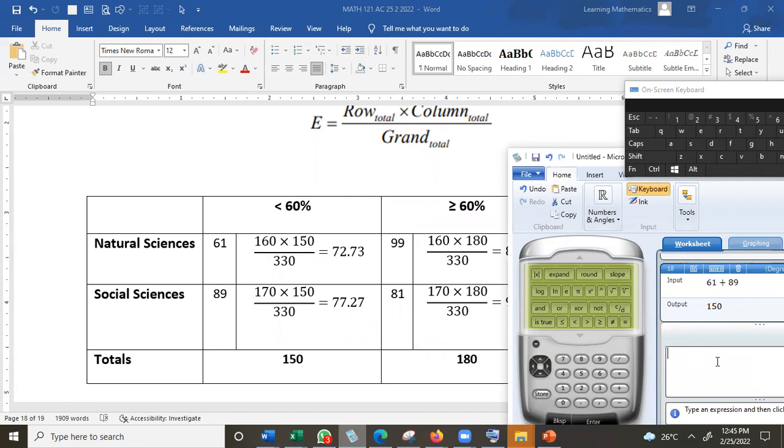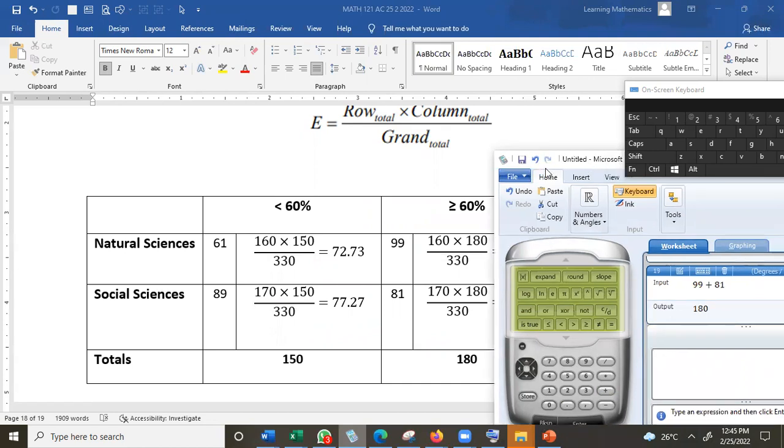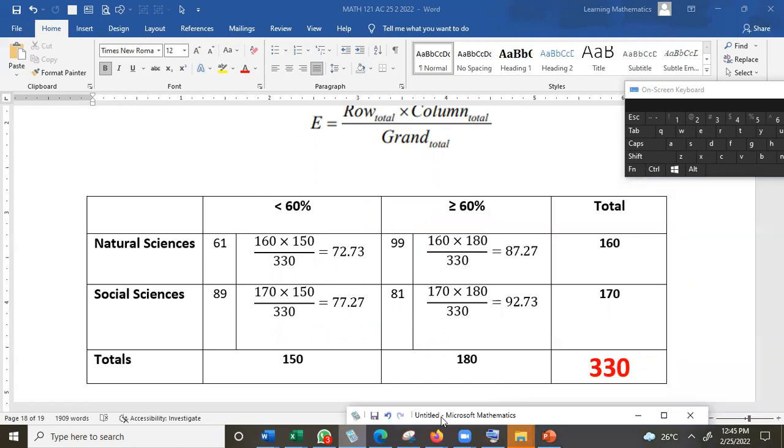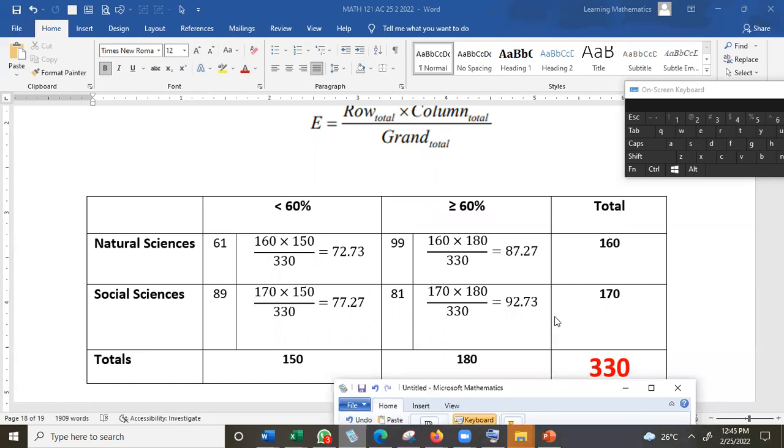And the other column total, 99 plus 81, that will give us 180. So these are the totals. And the grand total now, you add the subtotals either horizontally or vertically to get the grand total. So 160 plus 170 will give us 330. 150 plus 180 will give us 330. So that's the grand total right there.